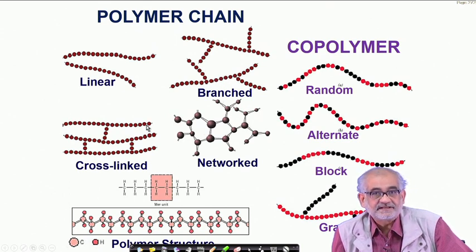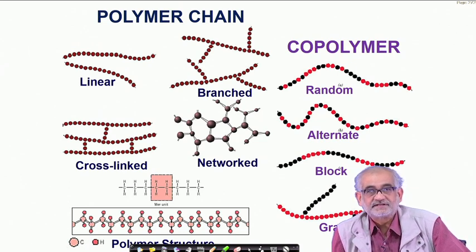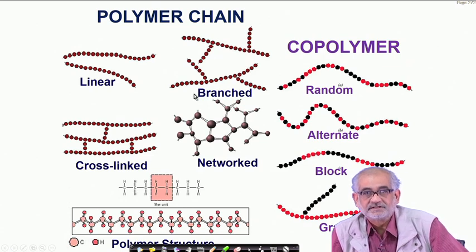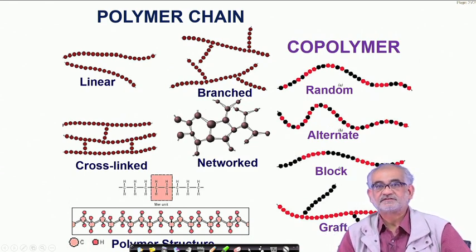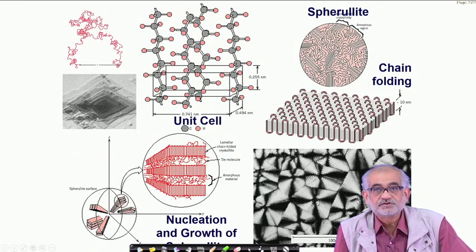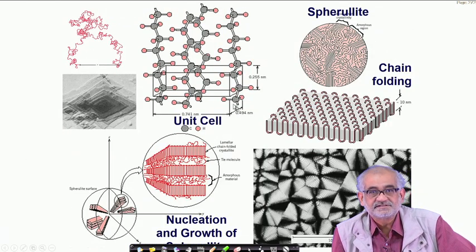Now, just like we can add sugar to water and make a syrup, or in solid we can add one type of atom into another lattice and create an alloy. In case of polymers also, we can add different types of monomers and make a random copolymer, alternate copolymer, or a block copolymer, and in some rare cases even graft copolymers. So these are various structural manifestations.